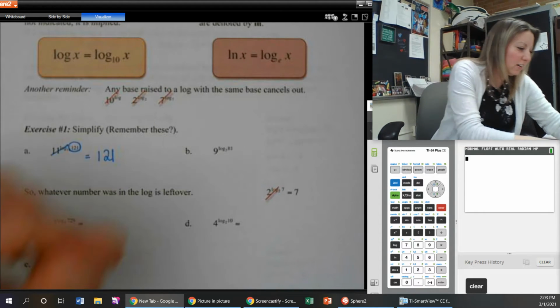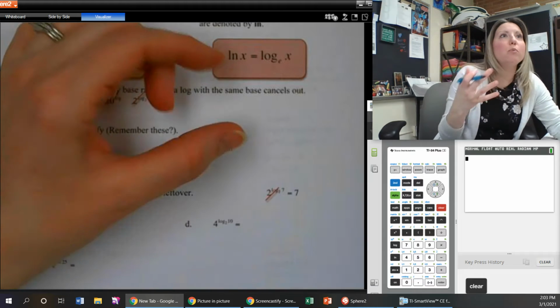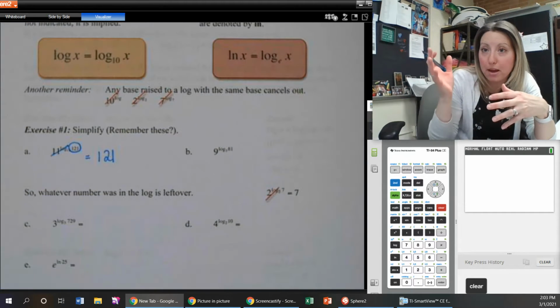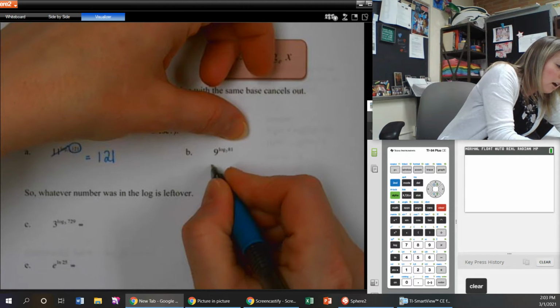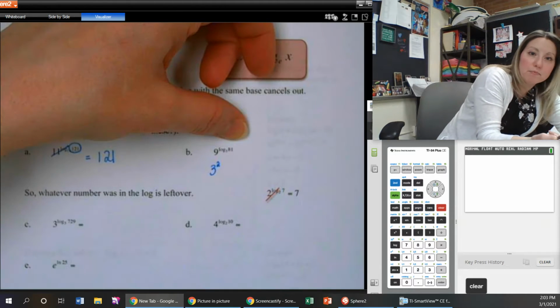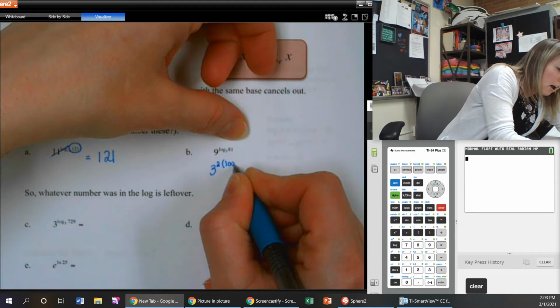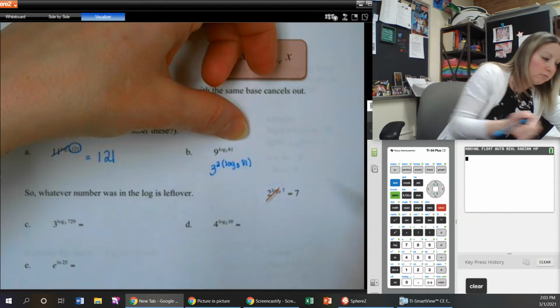So now what can we do to 9 to have it have a base of 3 as well so that they can match and cancel? Well, 9 is actually 3 squared, right? So we replace 9 with 3 squared, but we've still got this exponent to consider.